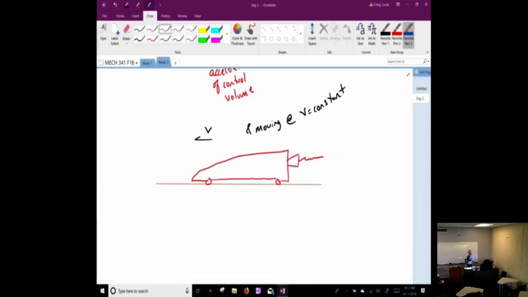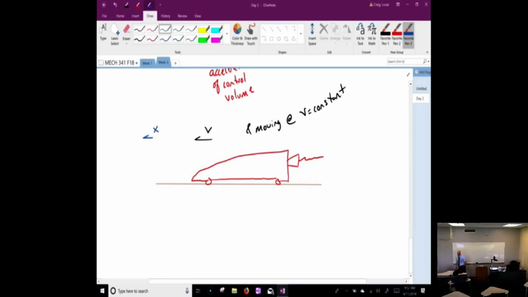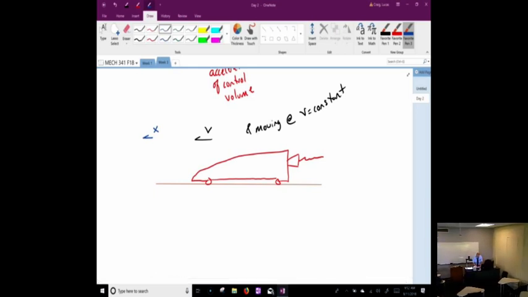We did the forces acting along the X direction. Give me one force. Drag. In which way is that acting? Left, the opposite direction. And then what else?